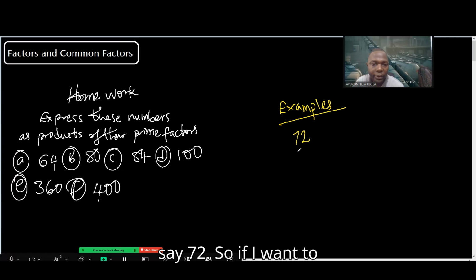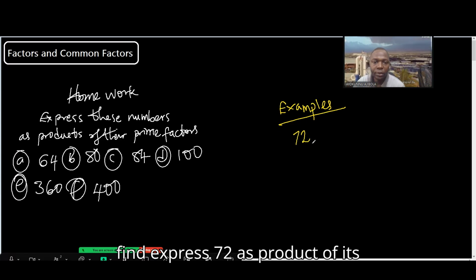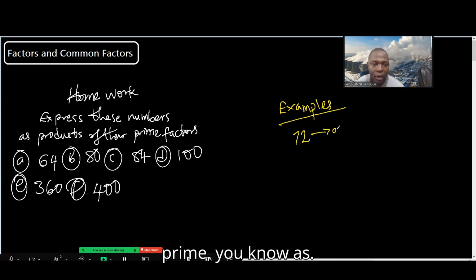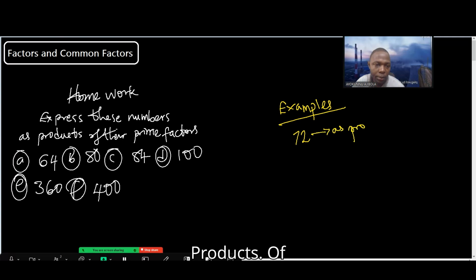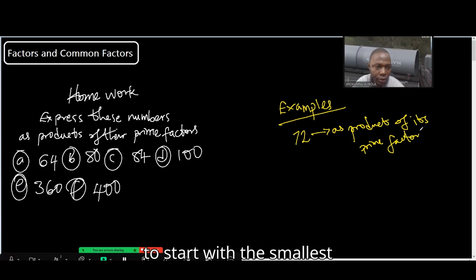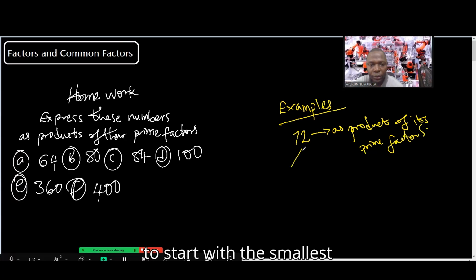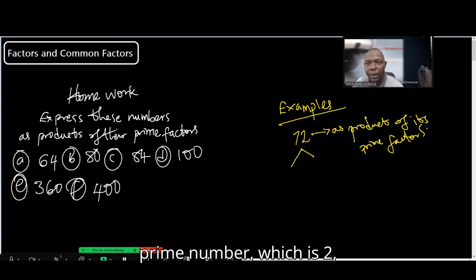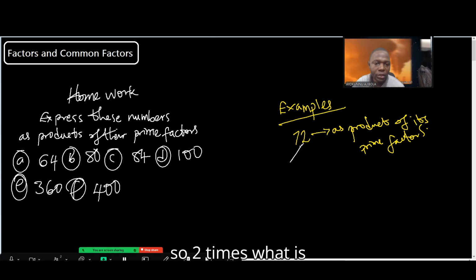So if I want to express 72 as product of its prime factors, what we're going to do is start with the smallest prime number, which is 2.